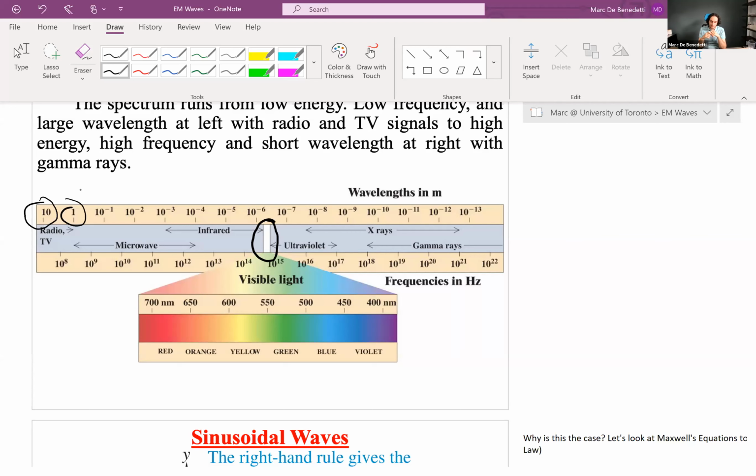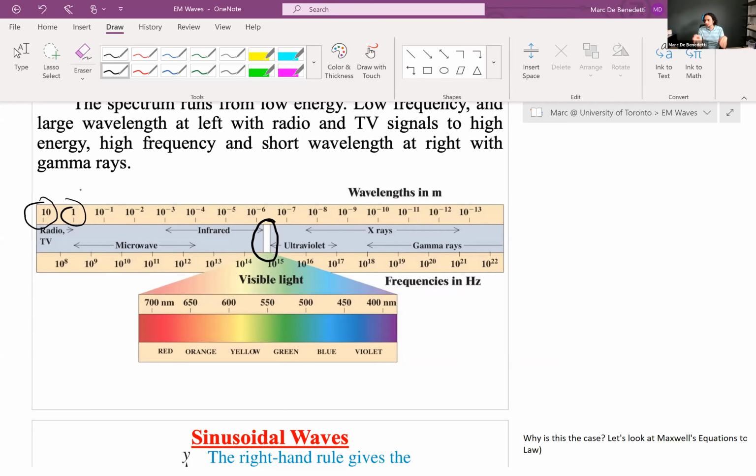And radio waves are on the order of magnitude between 1 meter and 10 meters, depending exactly on AM, FM radio, and all this other stuff. So one wavelength of a radio wave is on the order of the length of your car, which is pretty cool. Most people think of radio waves as something so small that you can't ever see. That's not true. They're invisible, obviously, because your eyes can't see them, but they're huge.